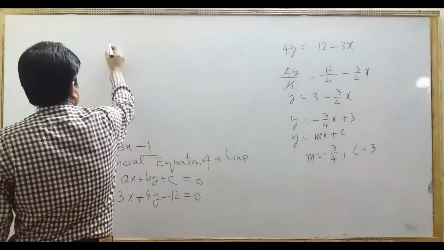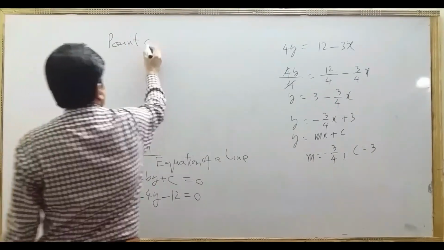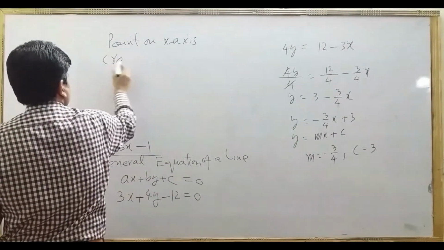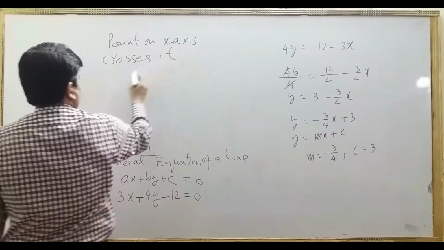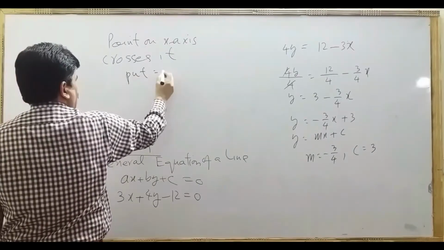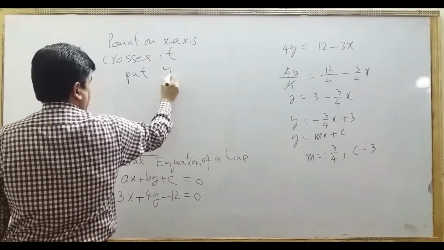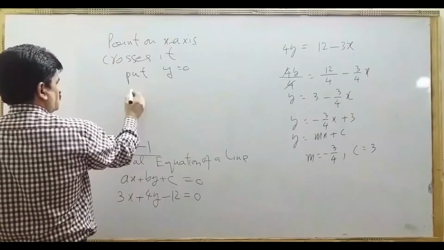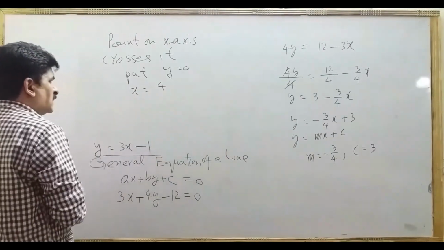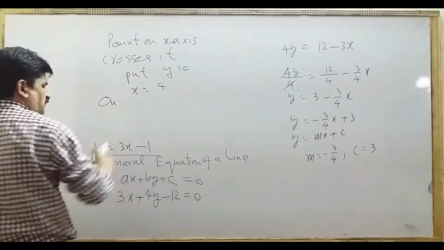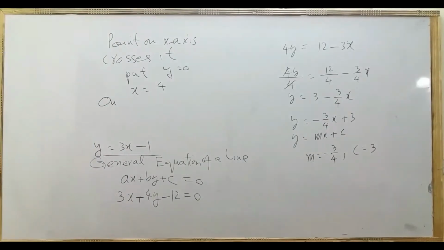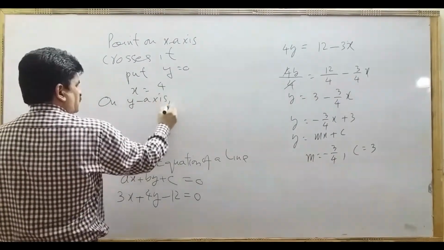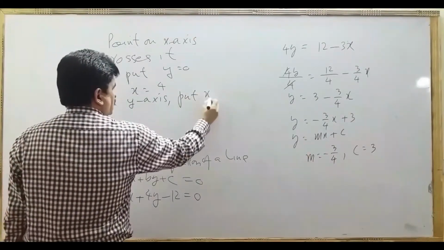Find point on x-axis, where this line crosses it. So we put y equal to 0 in this equation, whether this or that. When you put y is equal to 0, you will get x is equal to 4. Similarly, if you are asked to find the point where the line crosses y-axis, on y-axis we put x is equal to 0.